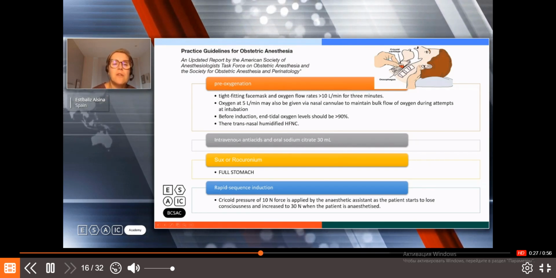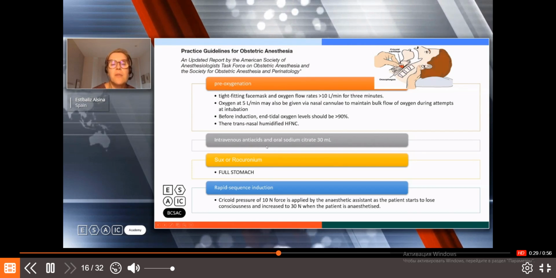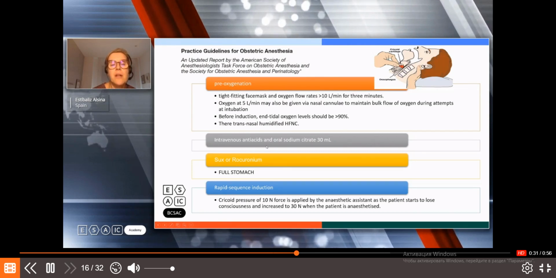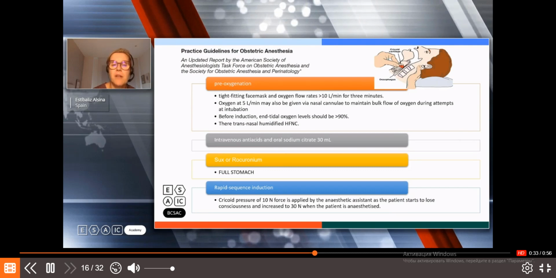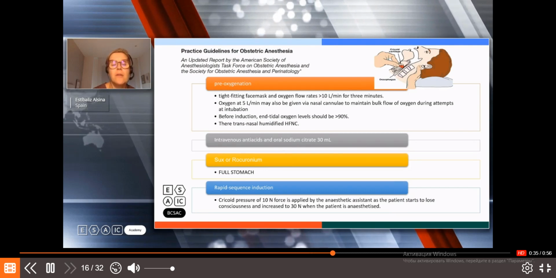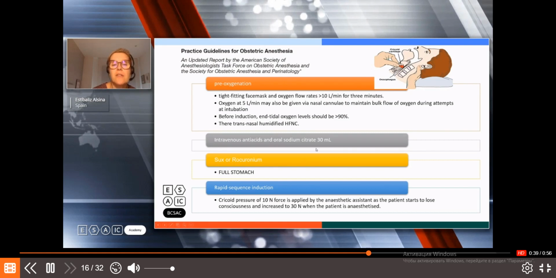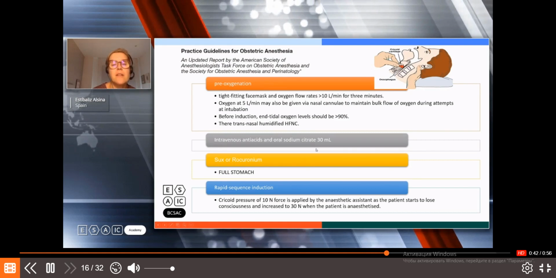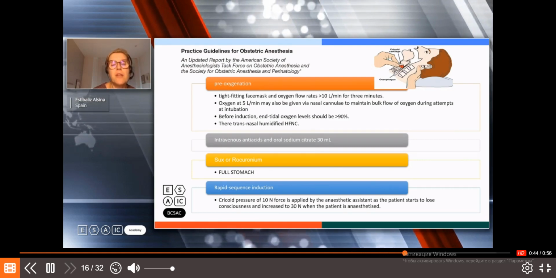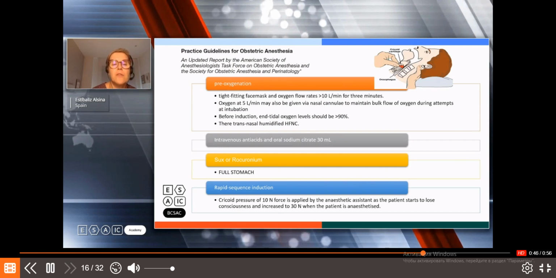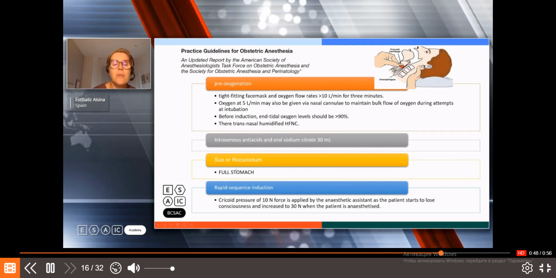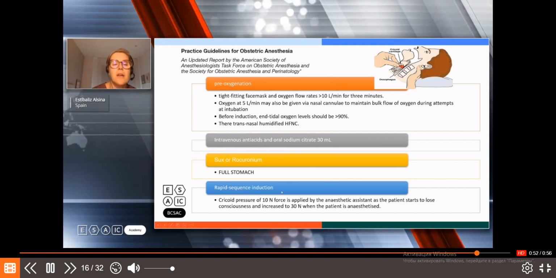We use intravenous antacids, metoclopramide and ranitidine, or pantoprazole, and we also use oral sodium citrate, 30 milliliters, right before the induction. We use suxamethonium or rocuronium because they are considered a full stomach, and we use rapid sequence induction with cricoid pressure.